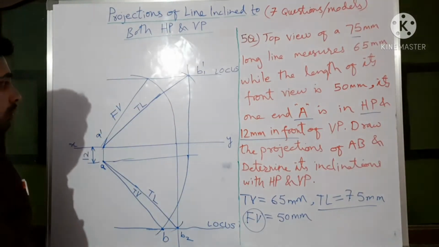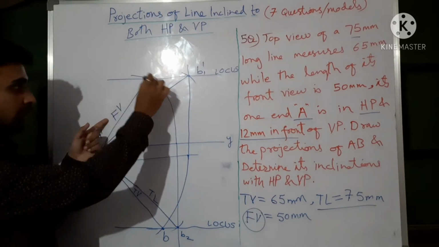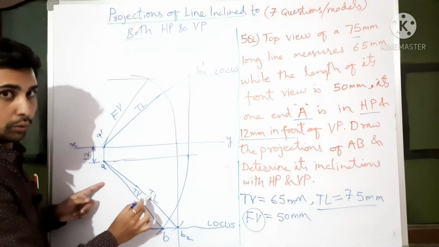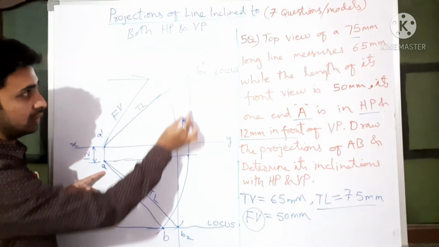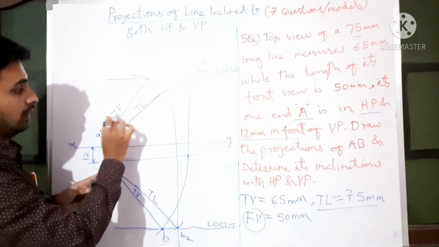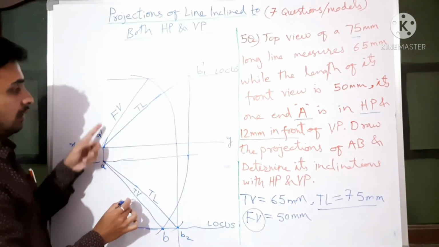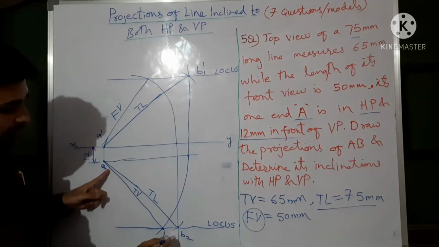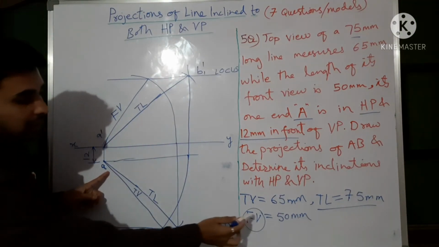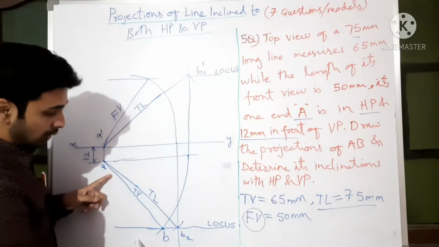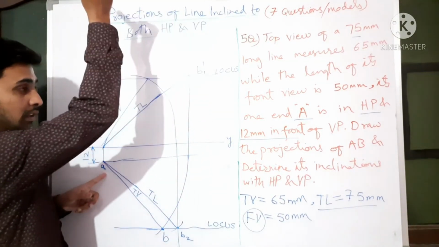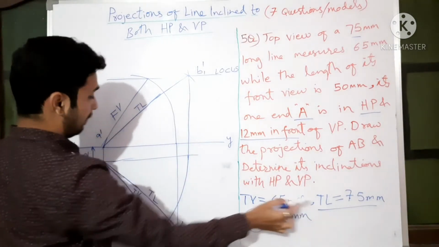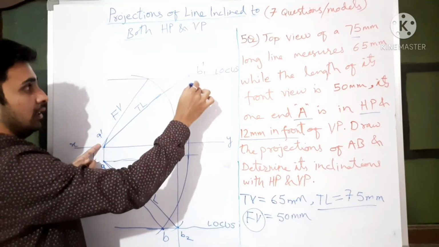Problem solved. So once again see, front view rotated, projected here, connected with true length. Top view rotated and projected, which is connected with true length. Front view, top view is given, with this rotation we have dropped here, true length given, that arc we have kept. Similarly top view is given, which is 65, top view rotated and projected up to some length, then true length we know 75, with that arc we have cut here true length.